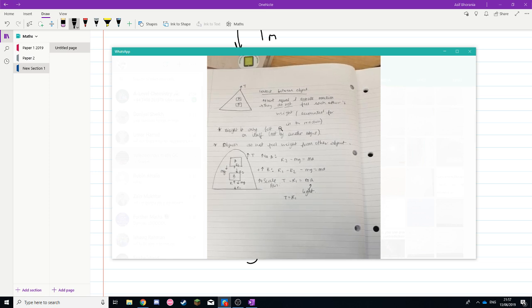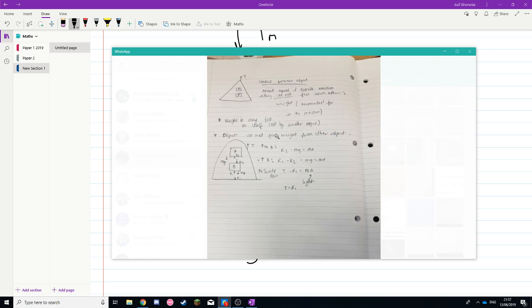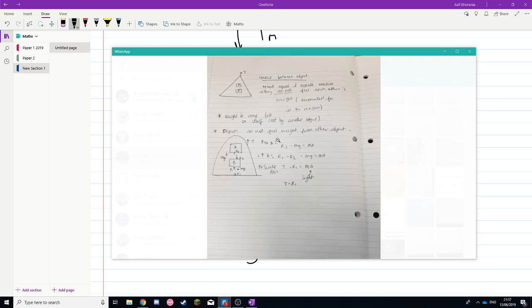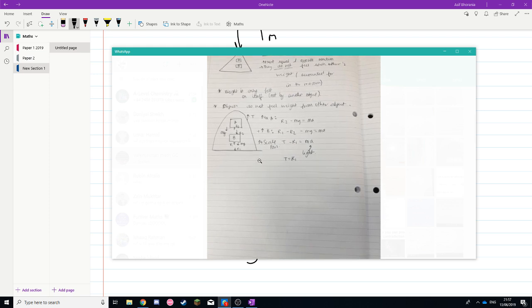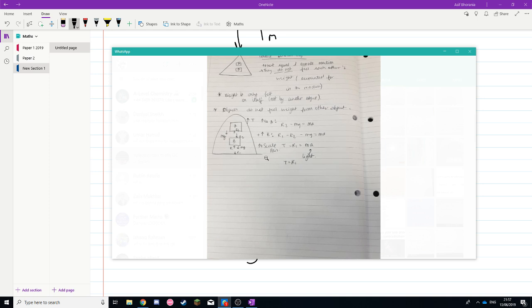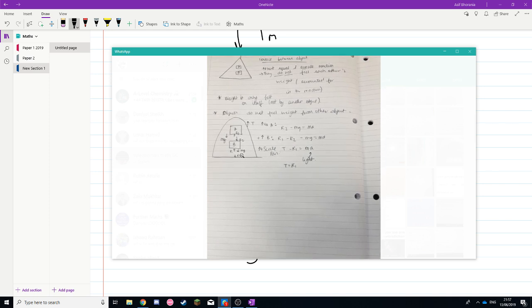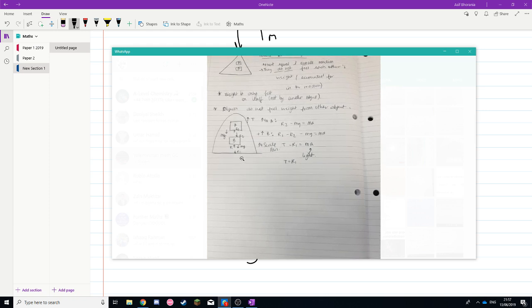They do not feel each other's weight accounted for in the reaction. Weight is only felt on itself, not by another object. Objects do not feel weight from other objects. Okay, so they only feel a reaction. So that should be fine then, isn't it? That's the same diagram I drew. R1, R1, so that's RA, P.